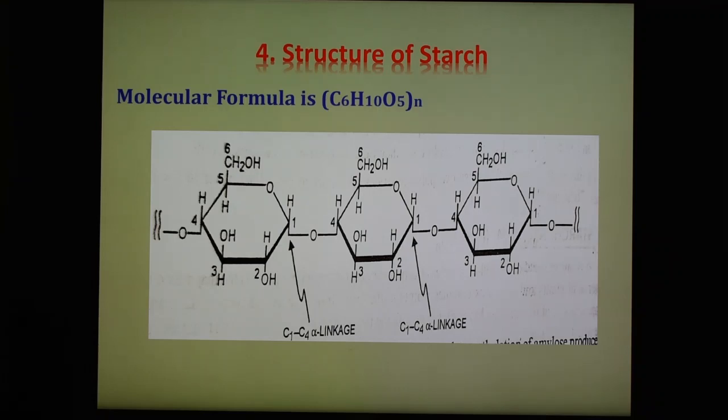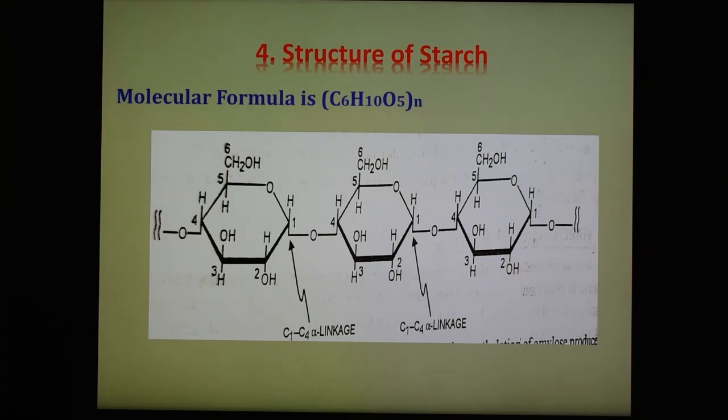We have seen that in maltose the two glucose units are joined together by alpha glucosidic linkage, and it is logical to say that a large number of glucose units are joined together by alpha glucosidic linkage involving carbon 1 and carbon 4, and the structure of this compound is shown.